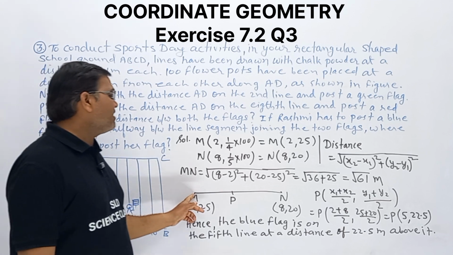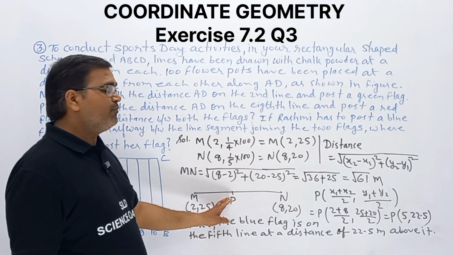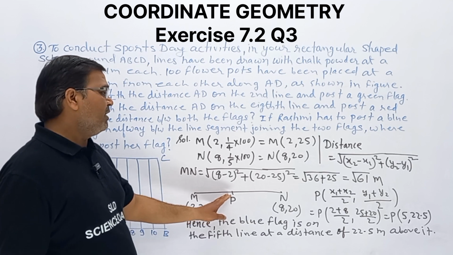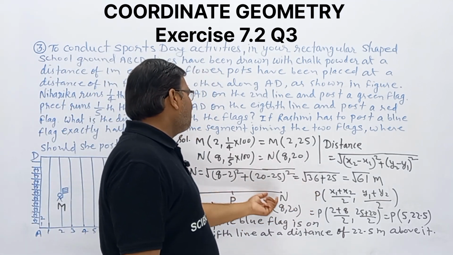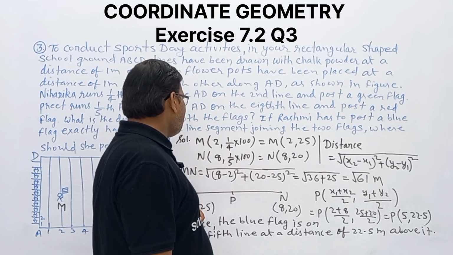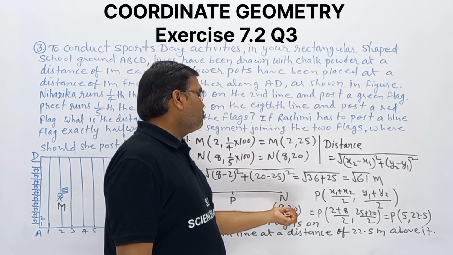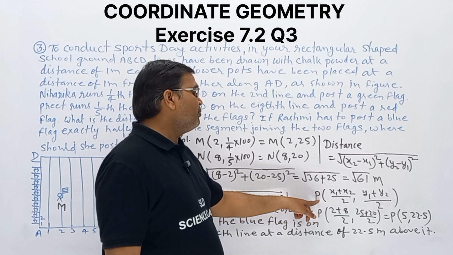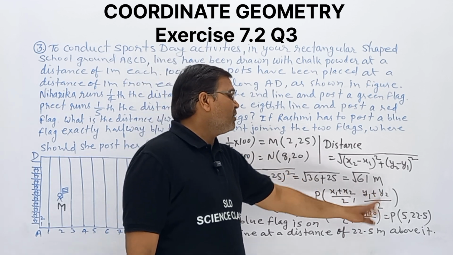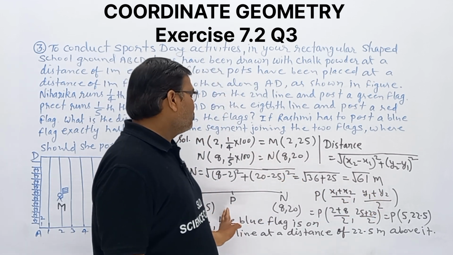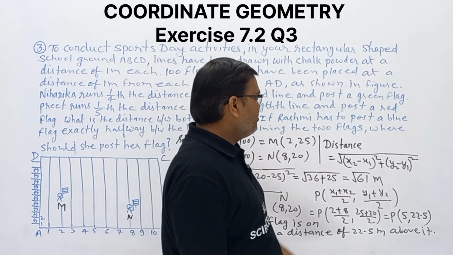We have the line segment MN, its midpoint P. By using the midpoint formula we can obtain its coordinates. If the coordinates of M are x1 y1 and the coordinates of N are x2 y2, then the midpoint coordinates will be (x1 plus x2) by 2 comma (y1 plus y2) by 2. Now we put in the values and solve, and we get the midpoint P.